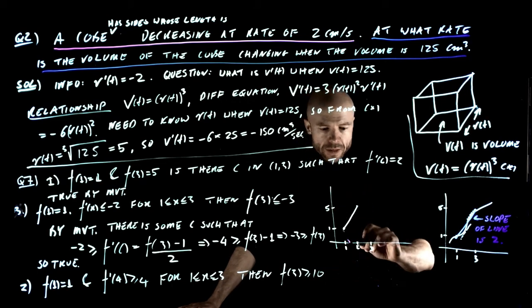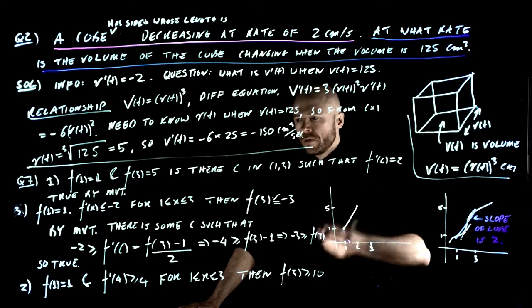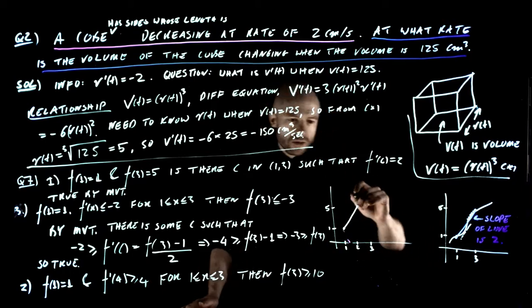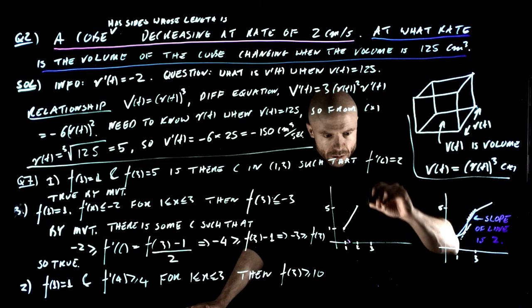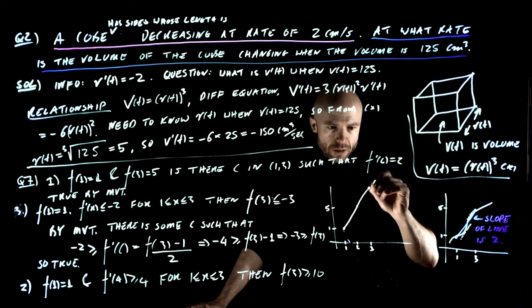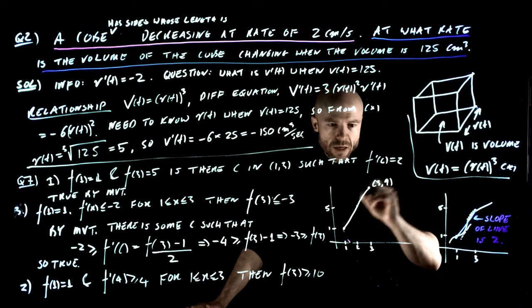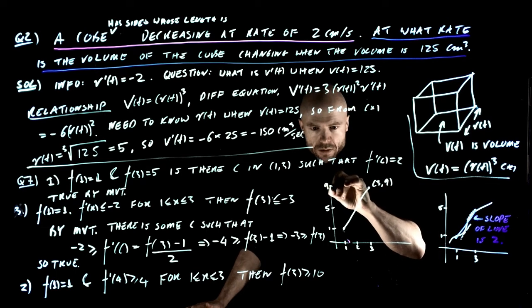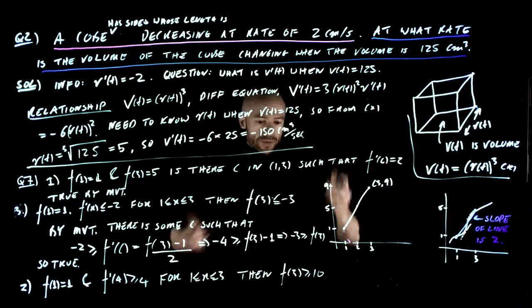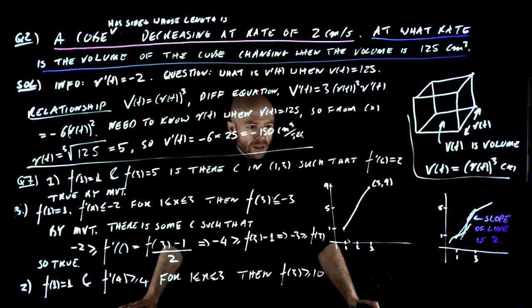And then going from 2 to 3, again, the very least we can go up is 4, so we end up at 9. So this would be the coordinates 3, 9. And that's a nice function that satisfies exactly our hypothesis.